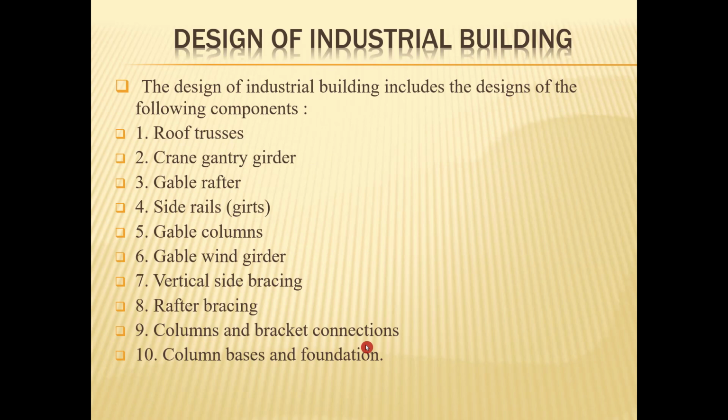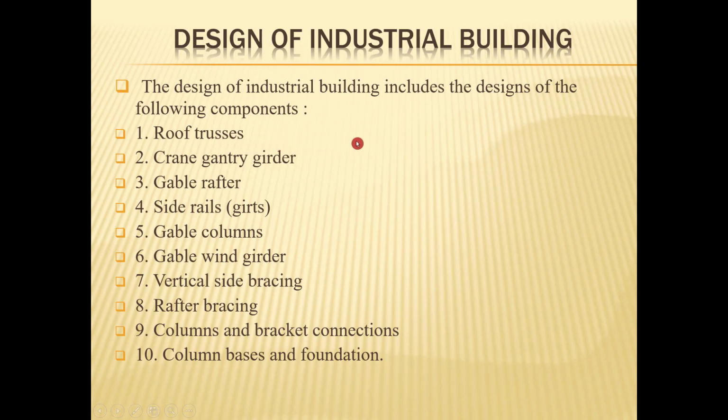Coming to the design of industrial buildings, the design includes the following components. So we have to design the roof truss. We just analyzed how to find the various loads acting on the roof truss, and after analyzing the stresses, like the bending moment, the axial compression value and tension value, we can design the various members as well as the connections.